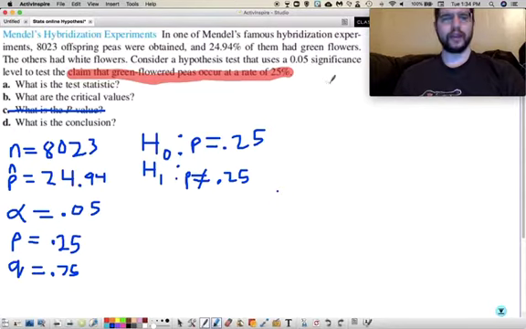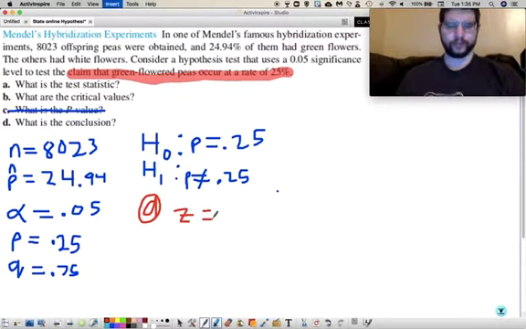Again, I'm not going to have any that aren't doable on this one. If they give it to you, it's good. So, yeah. Conditions check out. Where were we? We need to find the test statistic for part A. So, part A. Let's get this test statistic.